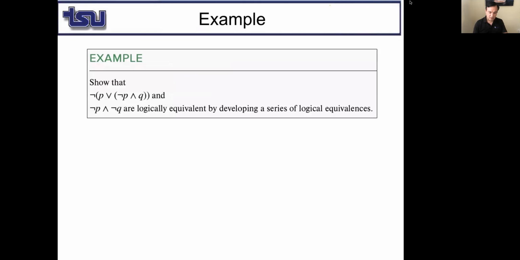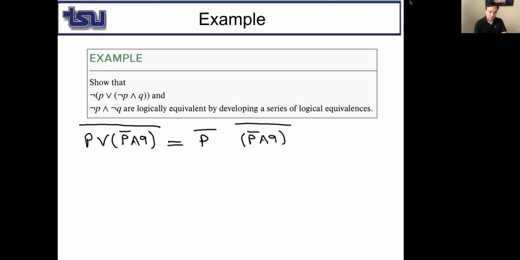How about this guy? This guy is not too difficult either. It says P or P naught and Q inverse. That's what it is asking, right? So I'm going to do this one, the inverse of P, and then the inverse of this statement, and here or becomes what?